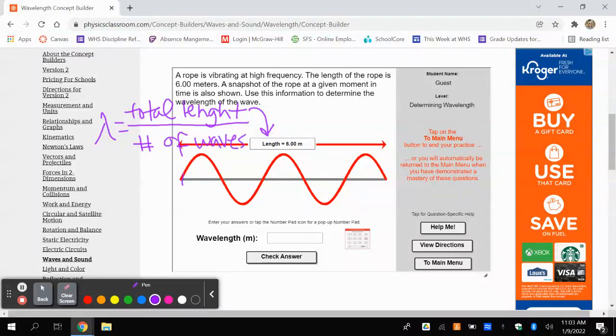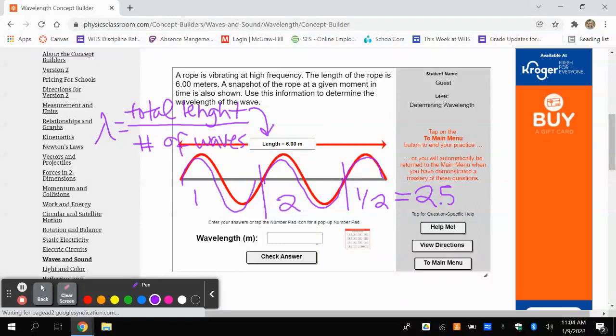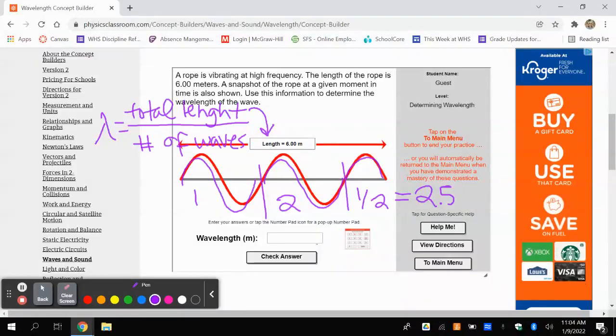And remember, a wave is a crest and a trough. So this one has 1, 2, and then it has a half. So this one has 2.5 waves. Okay, so you're taking your total length divided by your number of waves to find your wavelength of one wave.